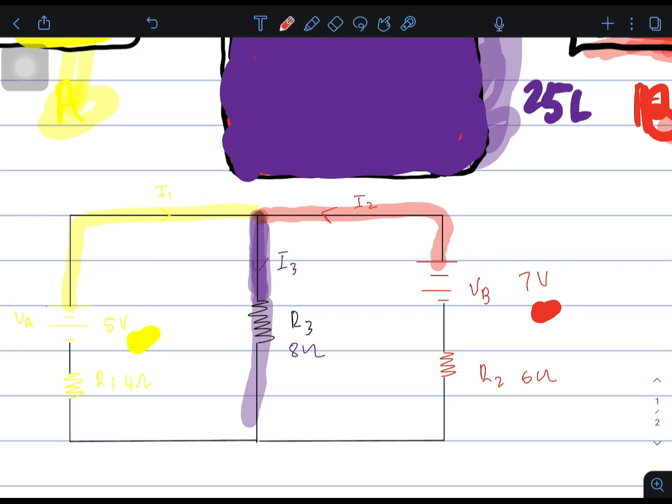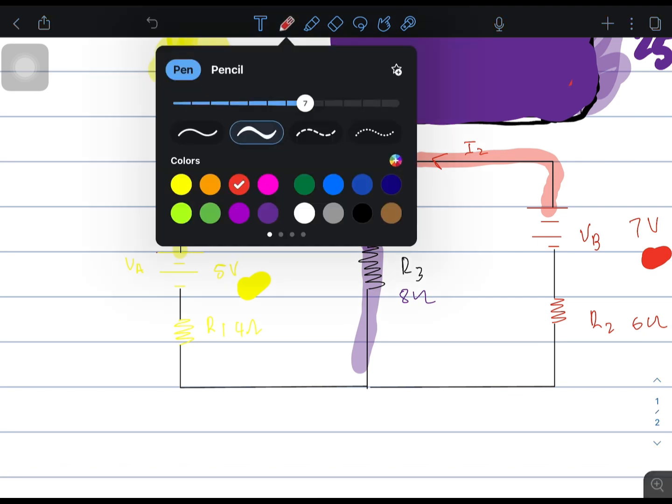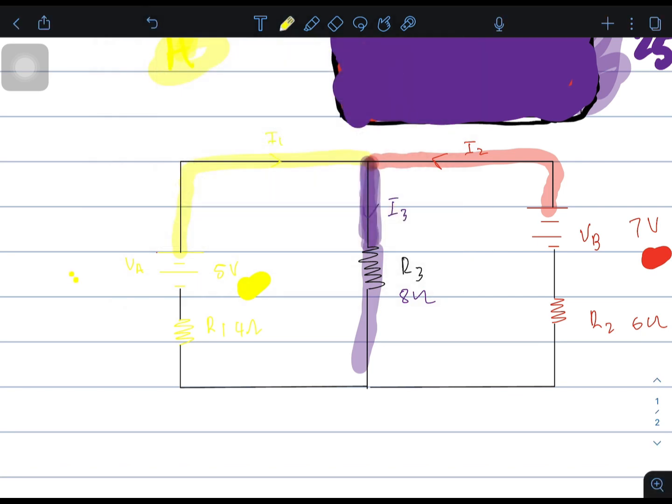Let's say I want to calculate how much current this source VA contributed to this resultant branch current.